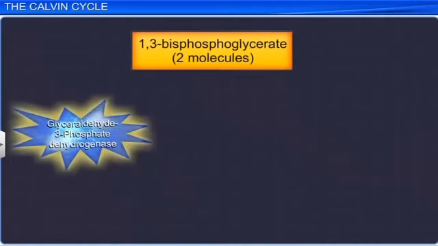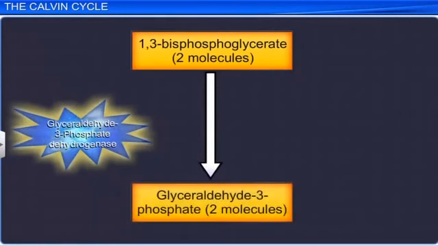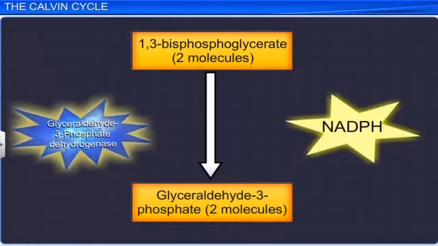Second, the enzyme glyceraldehyde 3-phosphate dehydrogenase reduces 2 molecules of 1,3-bisphosphoglycerate to 2 molecules of glyceraldehyde 3-phosphate. 2 molecules of NADPH are used in this reaction.